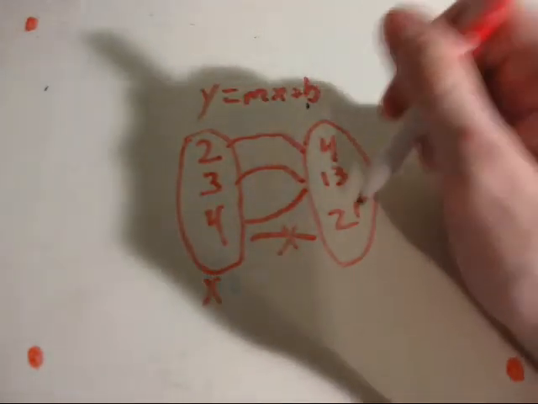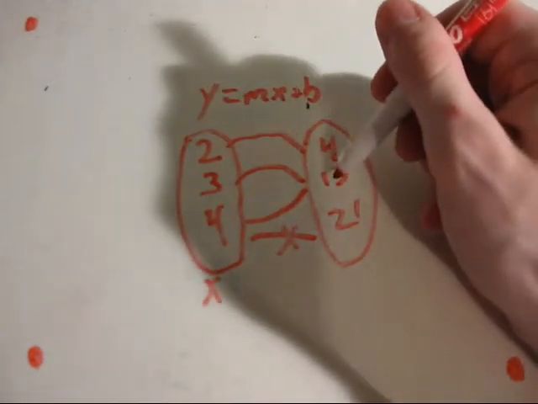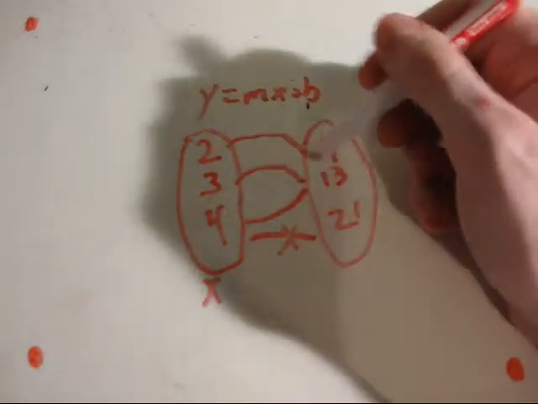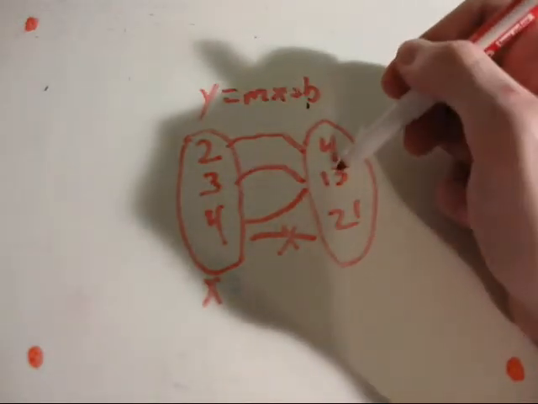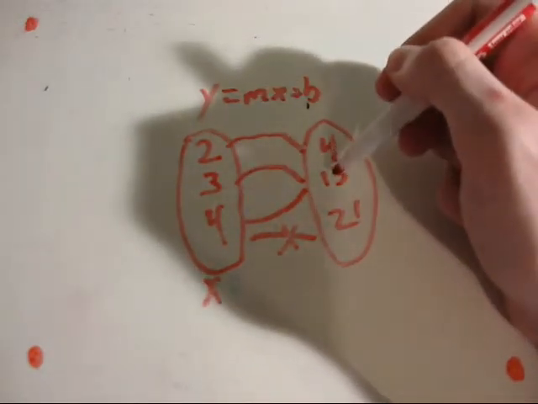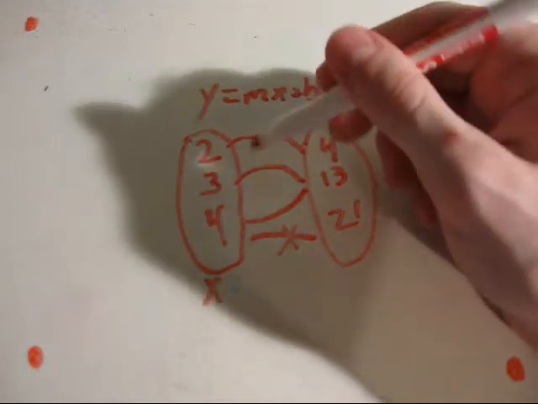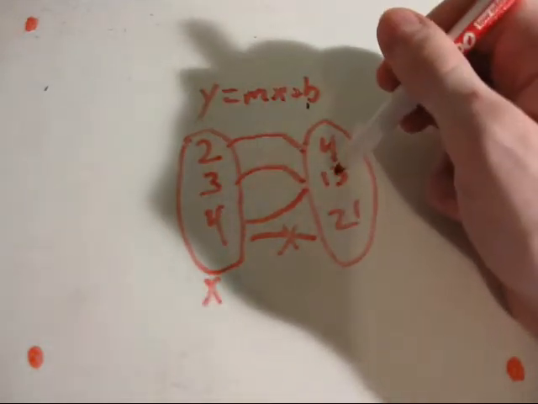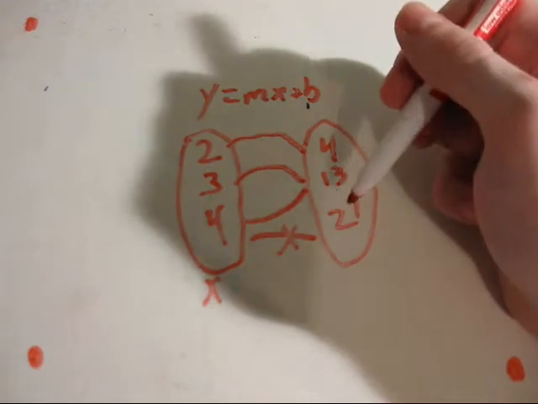It must be either 21 or 13. 3 and 4 can both associate to 13, but 4 can't be 13 and 21. Otherwise, it's not a function. These are what are known as one-to-one functions.